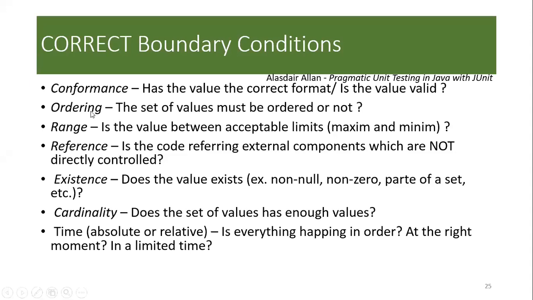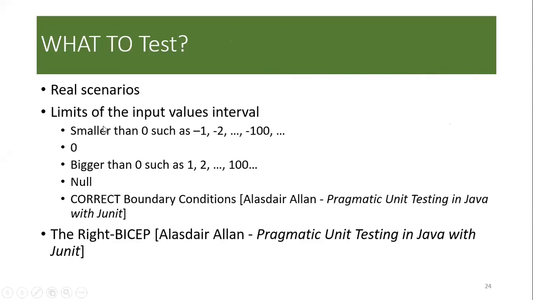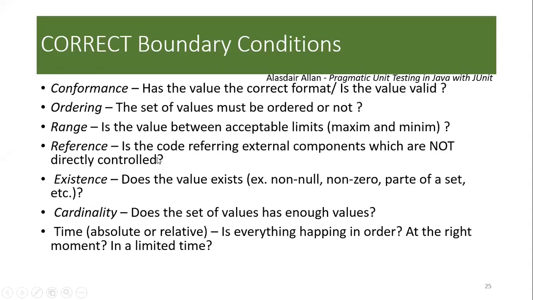Okay, ordering. Now, ordering is something that is specific to methods that process arrays or sets of multiple values. And here, this criterion is forcing you to ask this question: is the order of the values influencing the final result? Does that matter? For example, you have a method for sorting an array, and you want to sort it ascending or descending.